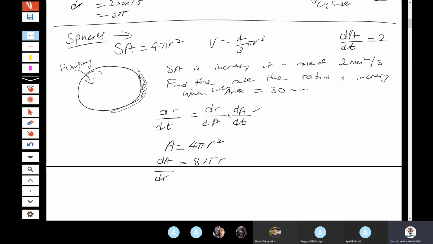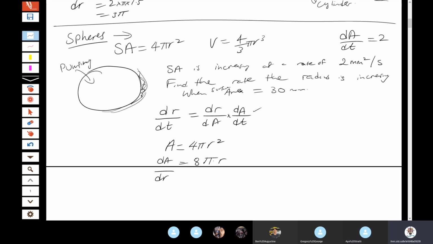I said when the surface area is 30, but this time you've still got r. You can't sub in 30 into r. So I made it a little bit tricky. If I make it easy, it would have said when radius equals 30. If it said radius equals 30, you just sub in 30. Do you agree with that?